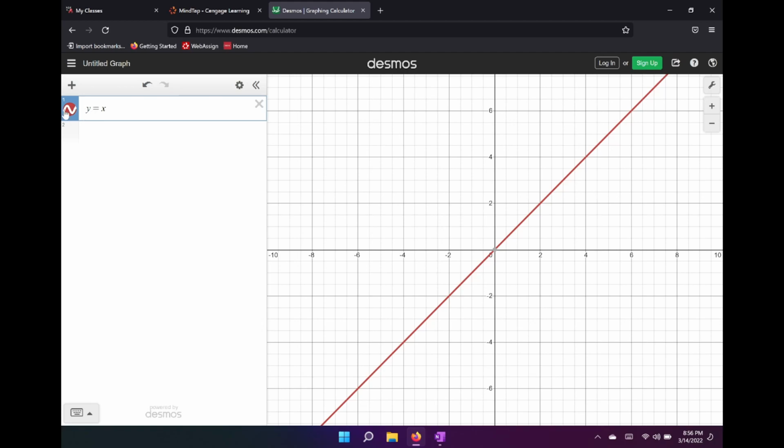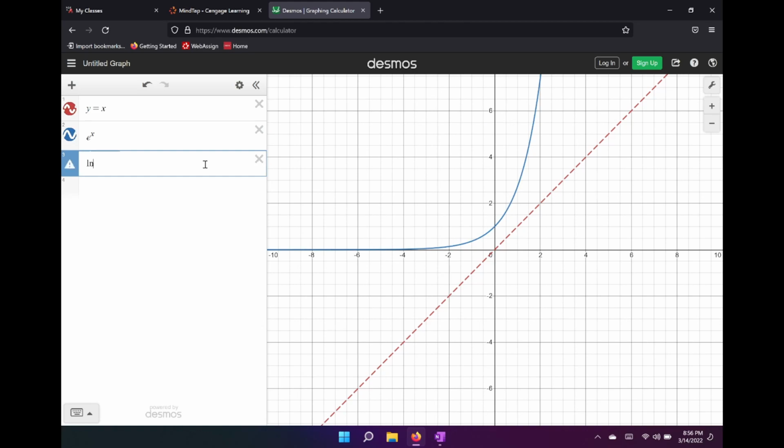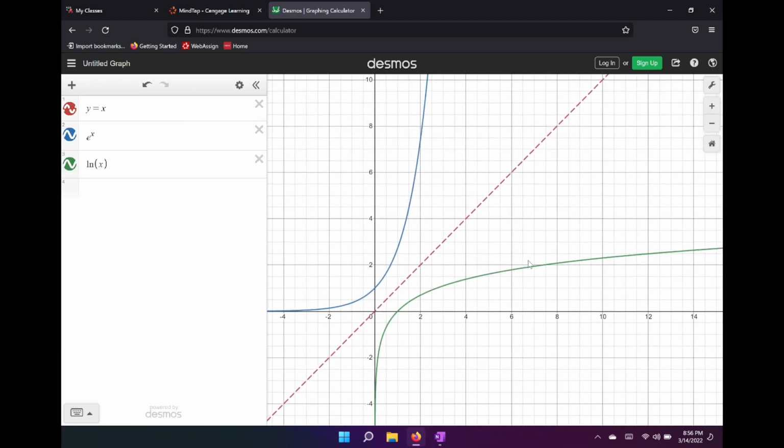I'm going to make this a dotted line. Now I'm going to graph e to the x. Now the natural log of x, you're going to notice here, is a mirror image of e to the x. In fact, that's going to happen a lot when we're talking about exponentials versus their inverse logarithmic functions.